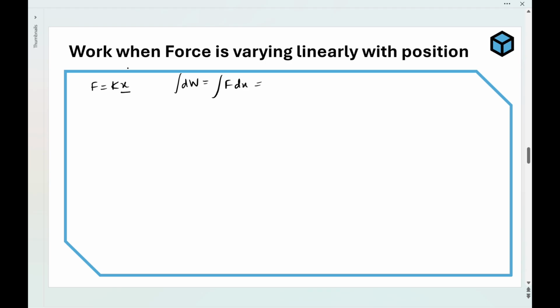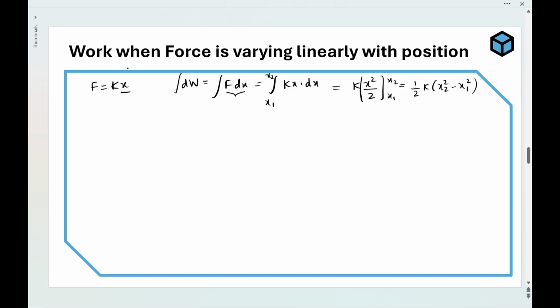The integral of F into dx, let's say the body goes from x1 to x2, putting the value of F as kx into dx. Here I am not writing the dot product because I am assuming that the displacement and force are in the same direction. It's a straight line motion. So we get kx square by 2, going from x1 to x2, which is half k into x2 square minus x1 square. This will be the final value.